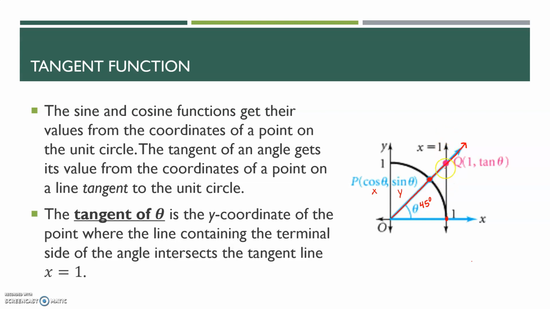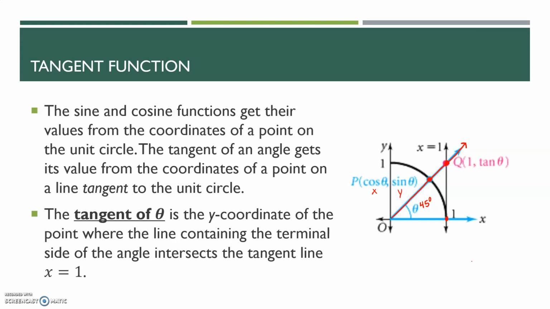The coordinates of this point are how we get tangent. It's over 1 because I've moved 1 in the x direction, and the y-coordinate of this point is the tangent of theta.